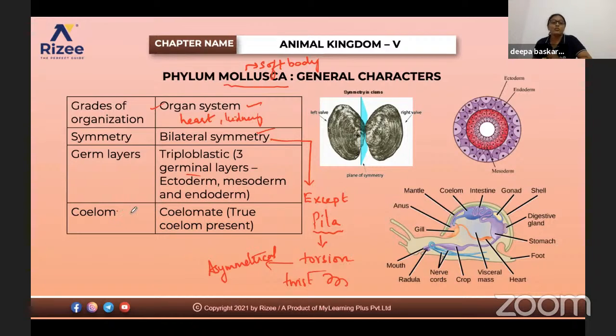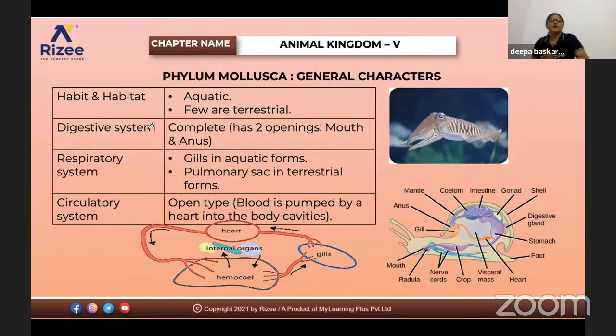And coelom, they have a true body cavity. If you come to habit and habitat, they are essentially aquatic, mostly marine and a few are freshwater.